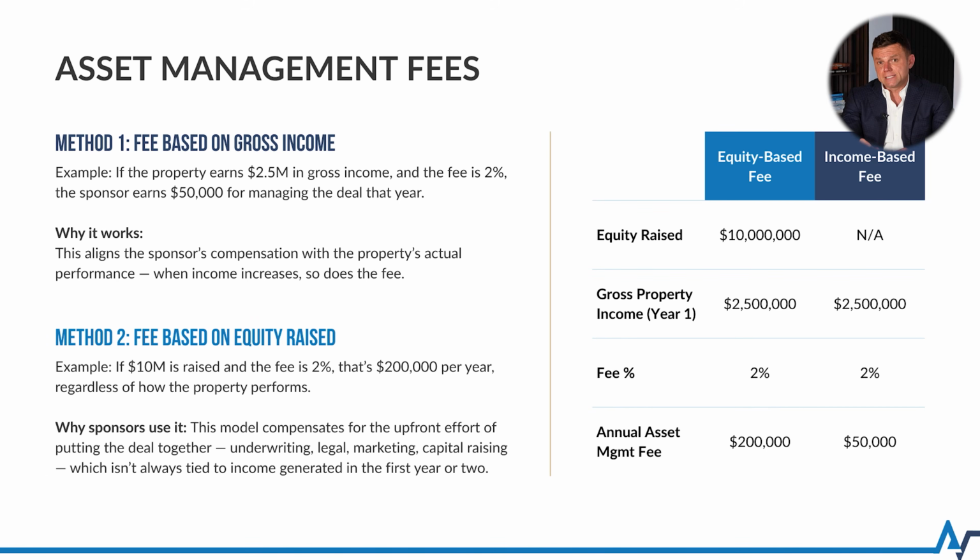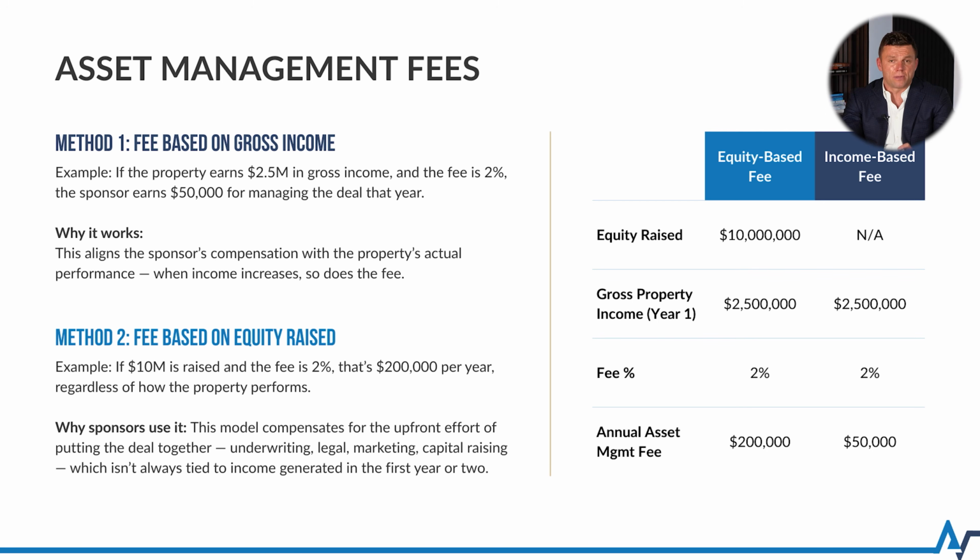Or if you see 2%, but you see a very simple, cookie-cutter deal, I would ask that question as well. Also, you want to make sure, is the fee based on the gross income or the equity raised? Those are two very different calculations, and you shouldn't be seeing equity raised on deals. It should be based on gross income.